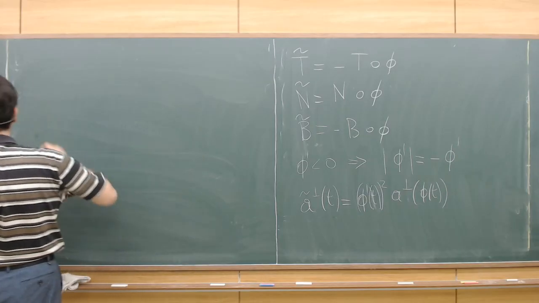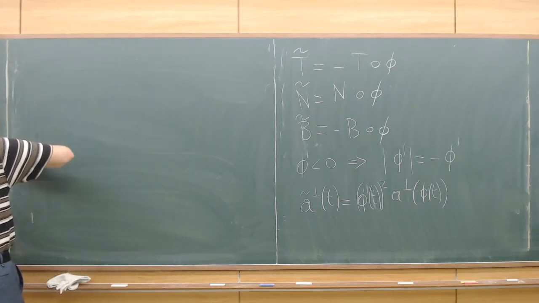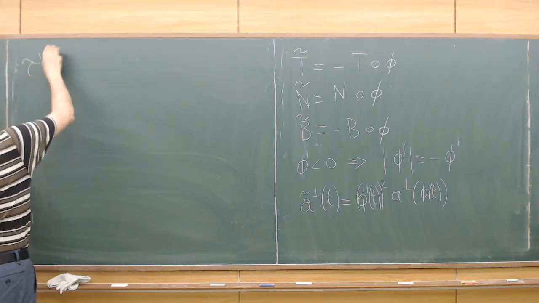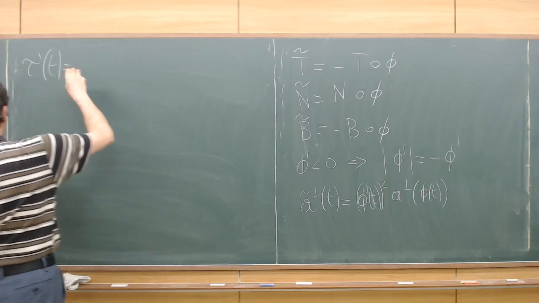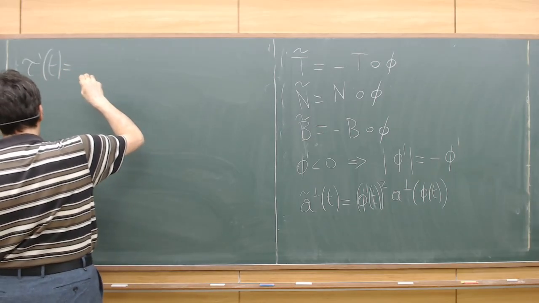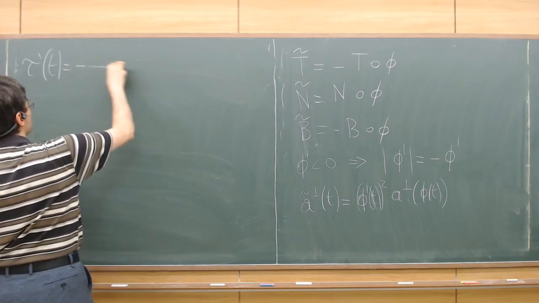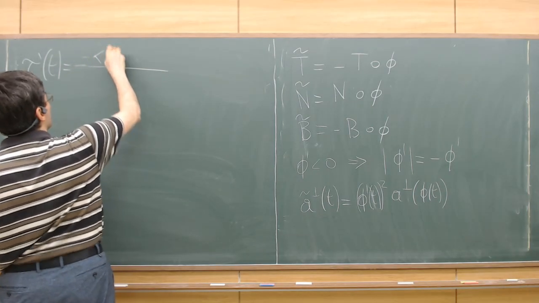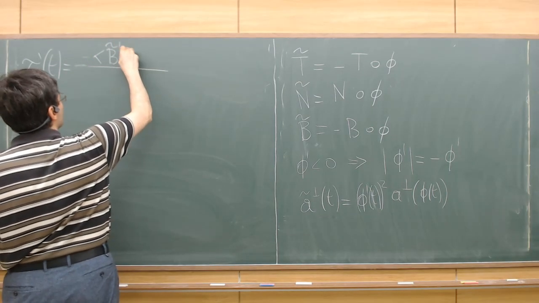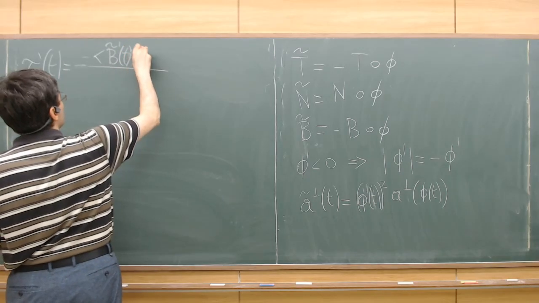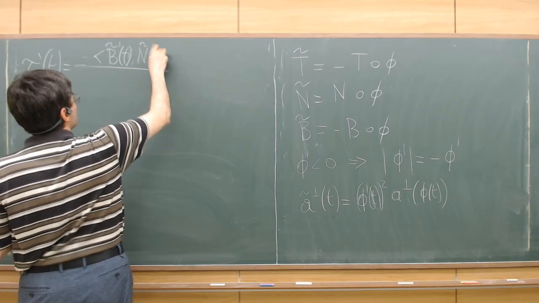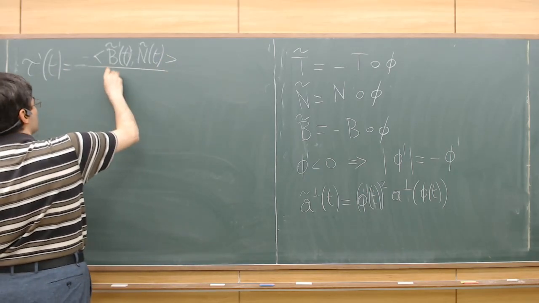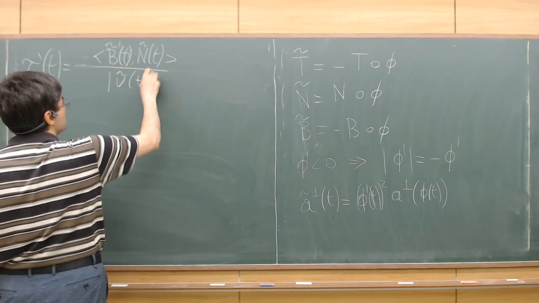So tau tilde of t by definition is a negative inner product of b tilde prime of t multiplied by n tilde of t, divided by v tilde of t.